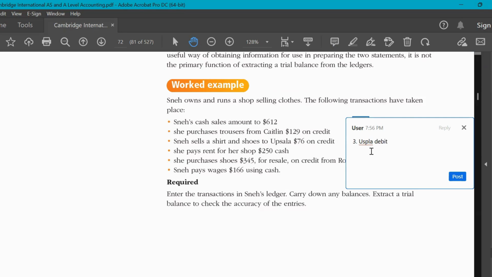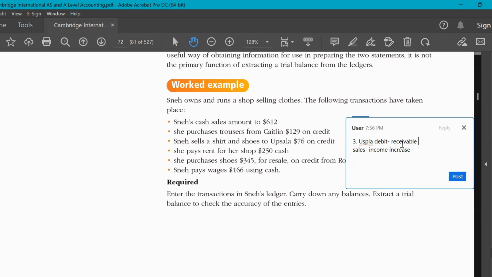And again, the credit side will be sales, because Sine sells a shirt, and sales because the income increases. Again, this Uppsala debit is all about the receivable, and this accounts receivable is considered an asset.